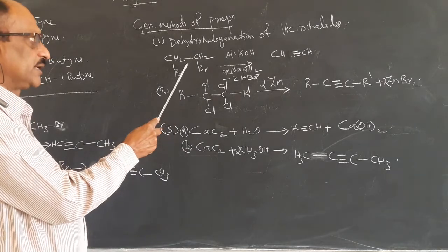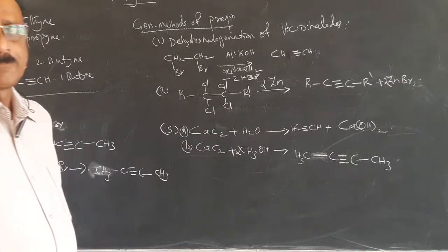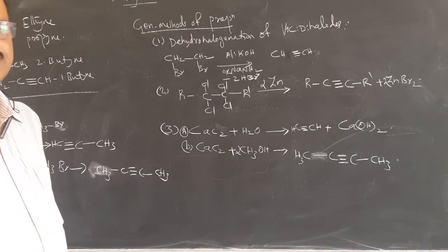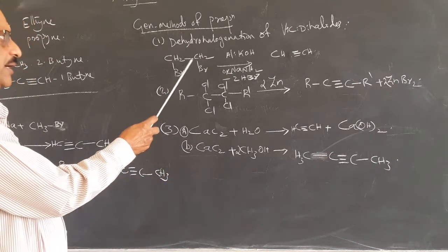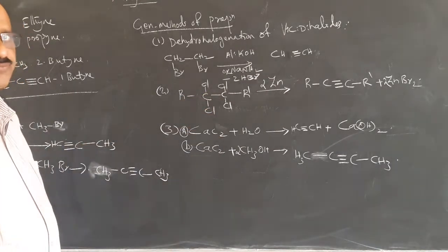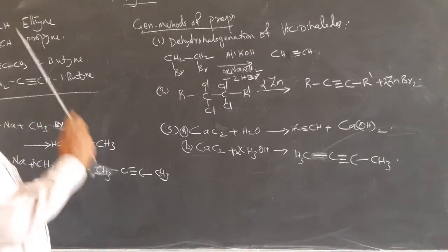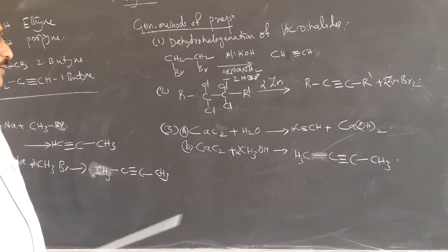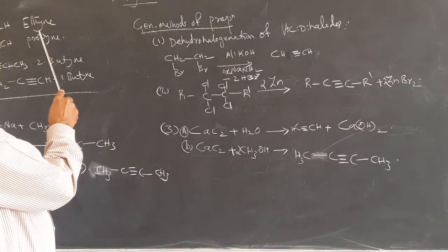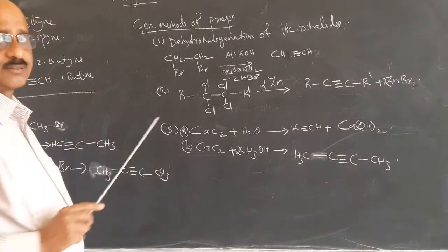So if you take a vicinal dihalide, easily you can produce the corresponding alkyne. Here I have taken the example of the preparation of acetylene. Acetylene is also known as ethine. Okay, that is one method.